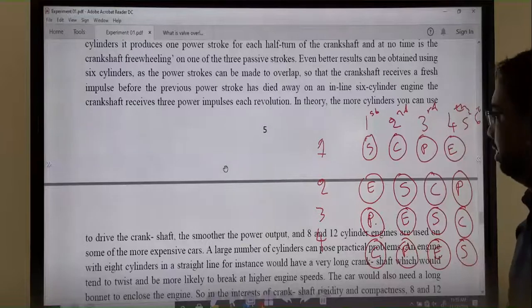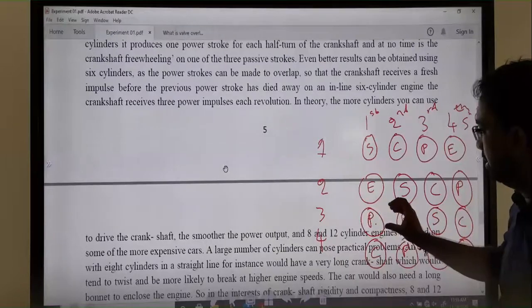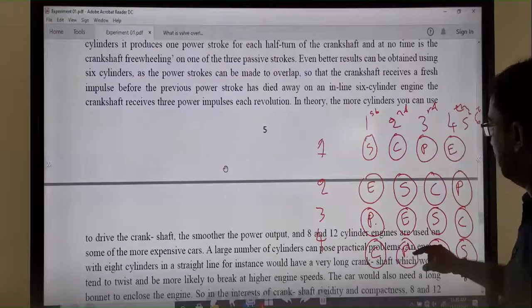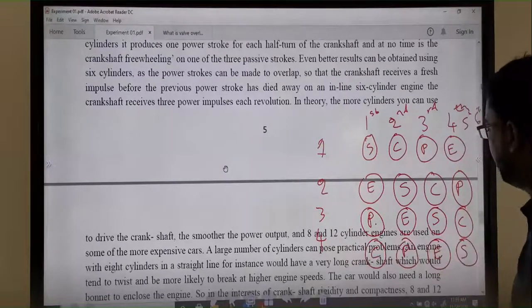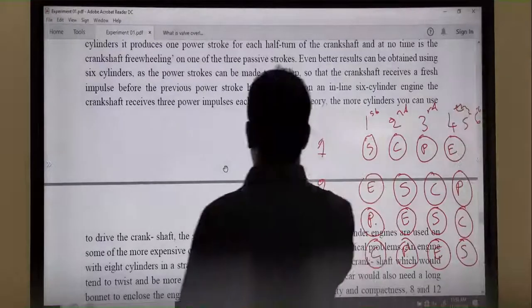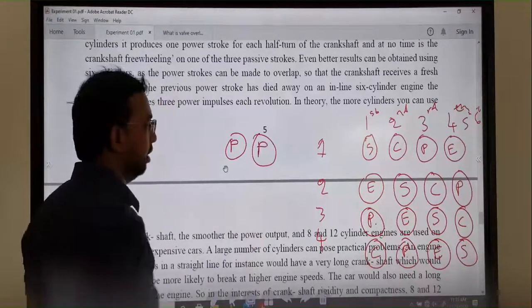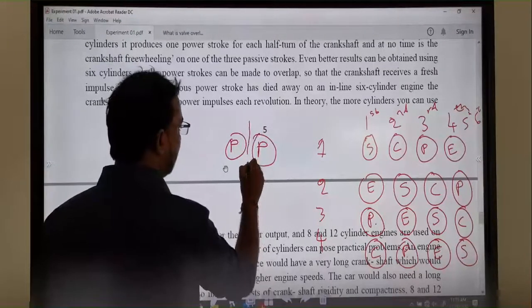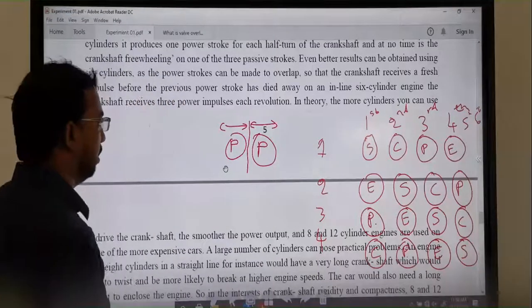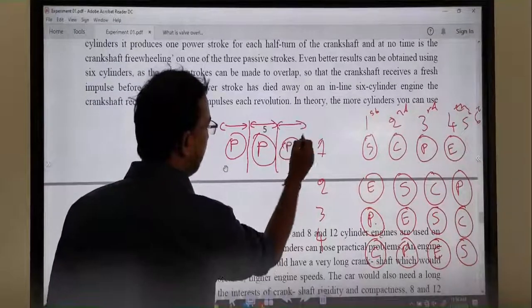Overlap means when the first and third pistons finish the power, then the second and fourth cylinders start their power. Okay? There is no gap there. When it finishes, the power stroke starts for the fourth cylinder. Okay? Then the other cylinder starts.